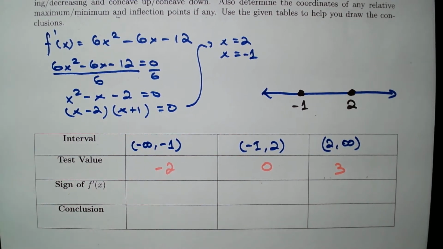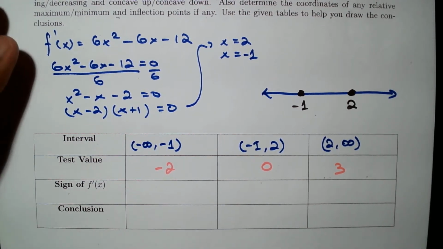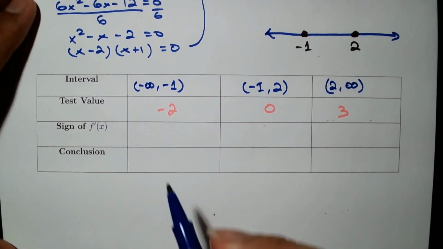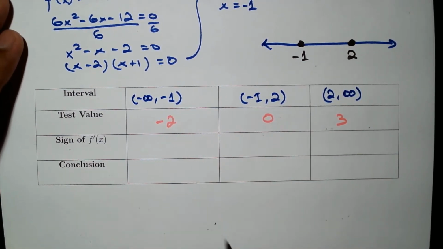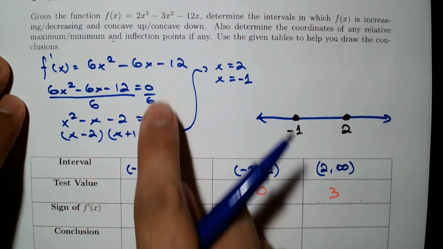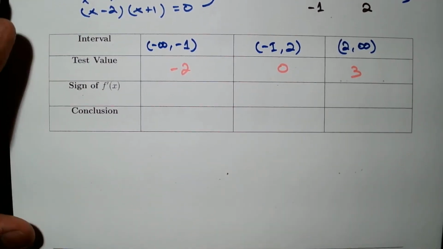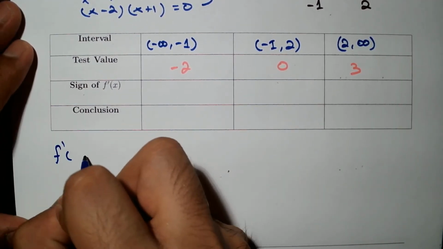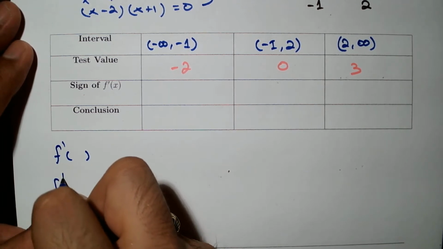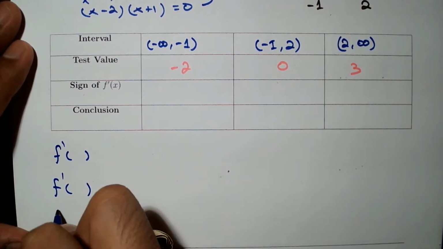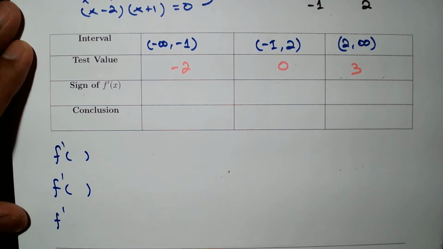This is what we do: we evaluate these numbers in the derivative f prime. So I'm going to evaluate f prime at negative 2, f prime at 0, and f prime at 3.